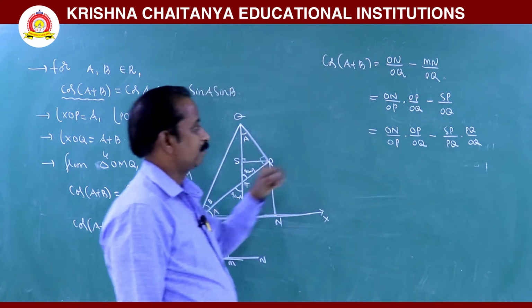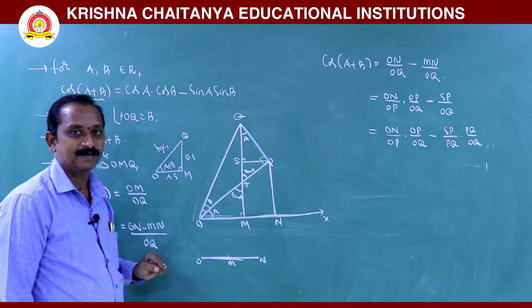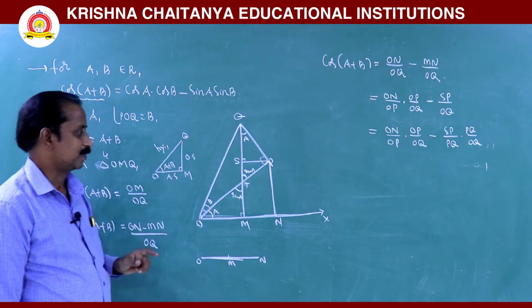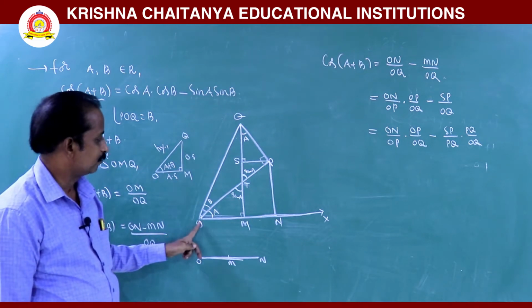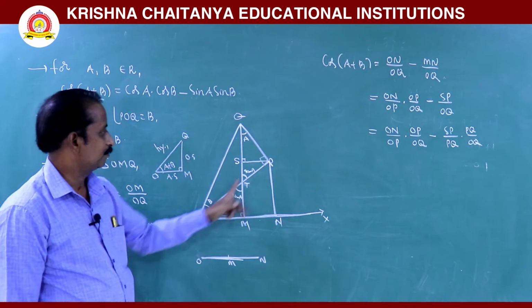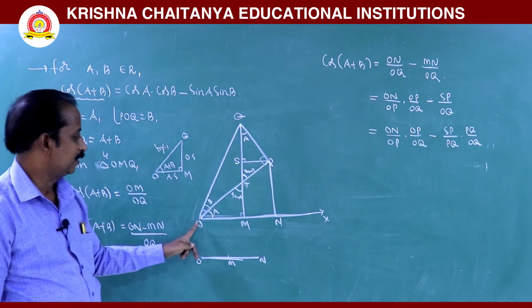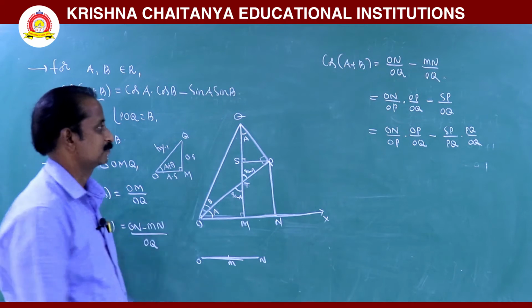Now ON by OP from this diagram gives us what? Here is triangle ONP.